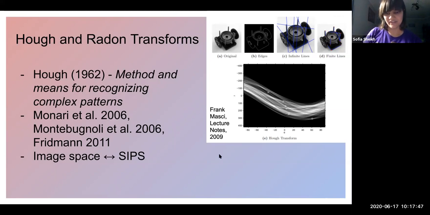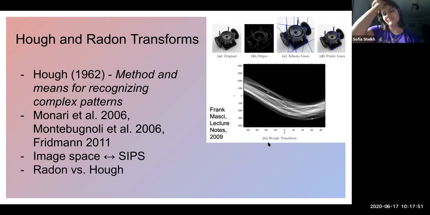And I love this illustration up here in the top corner, where you have an original image, then you do edge detection on it. There are many edge detection algorithms in image processing. I don't claim to be an expert in this particular part of the problem. But once you've done that edge detection, you can run a Hough transform on that image, and it'll find any lines or line segments that are present in that input array that you've given it.